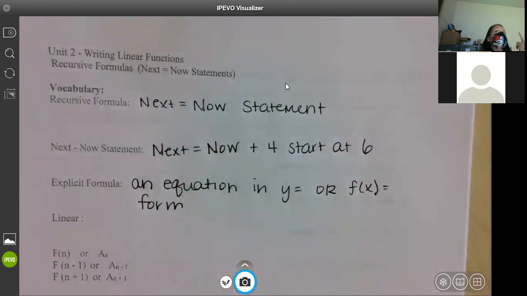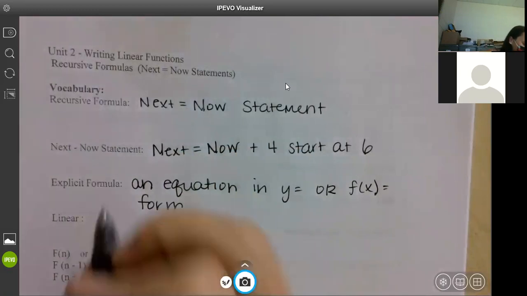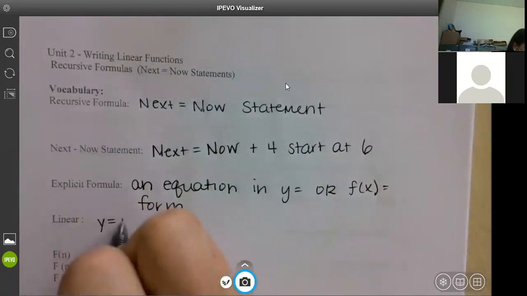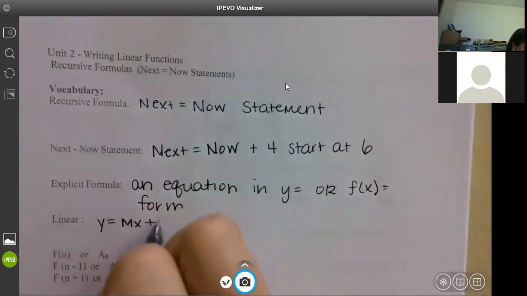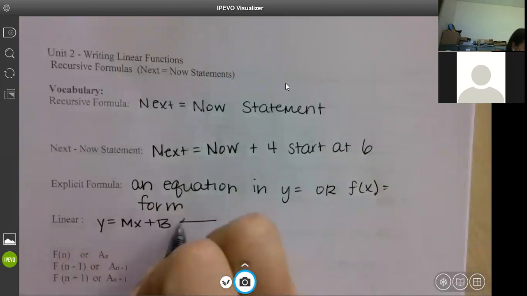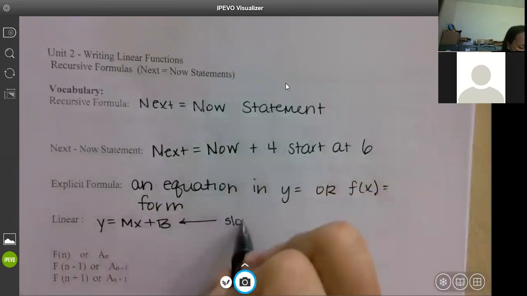And then you have two different linear forms. Your first one is y equals mx plus b. And we learned that that's your slope-intercept form.